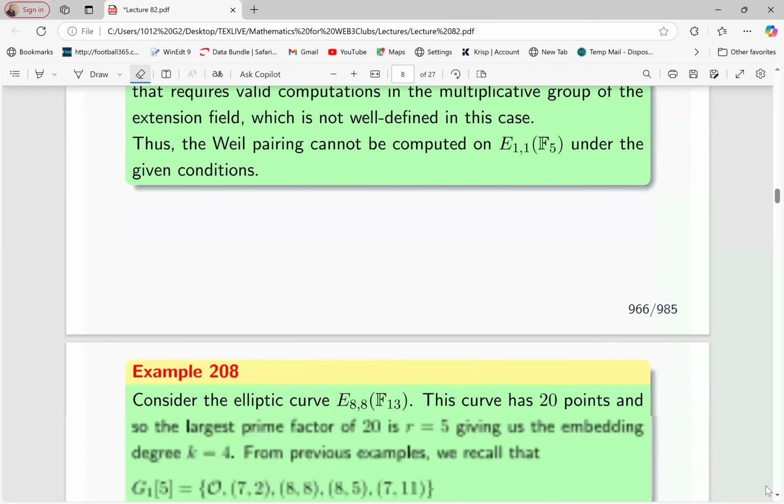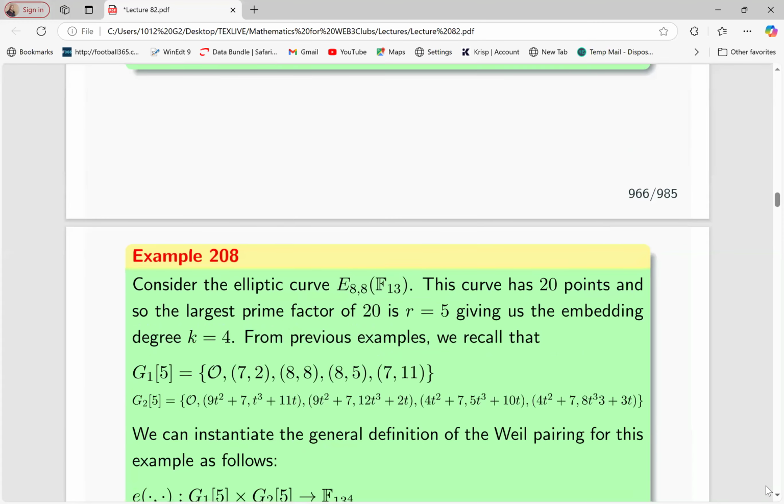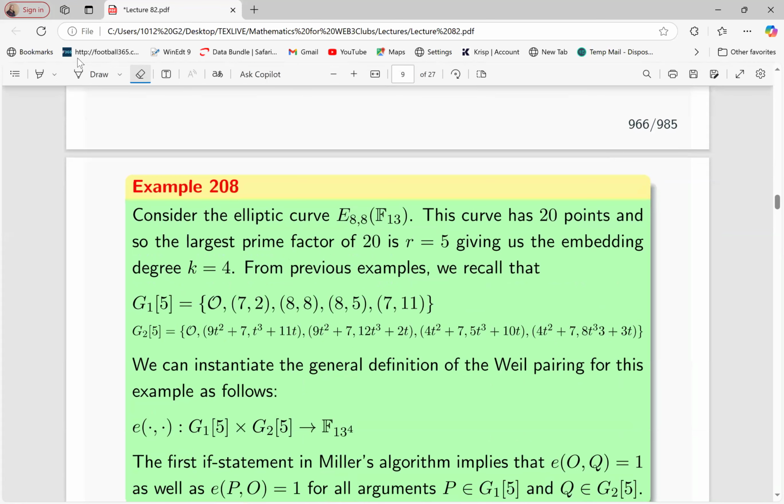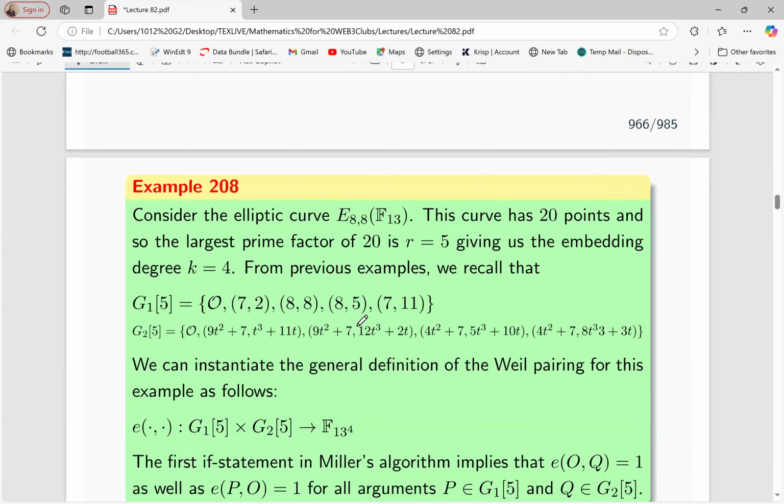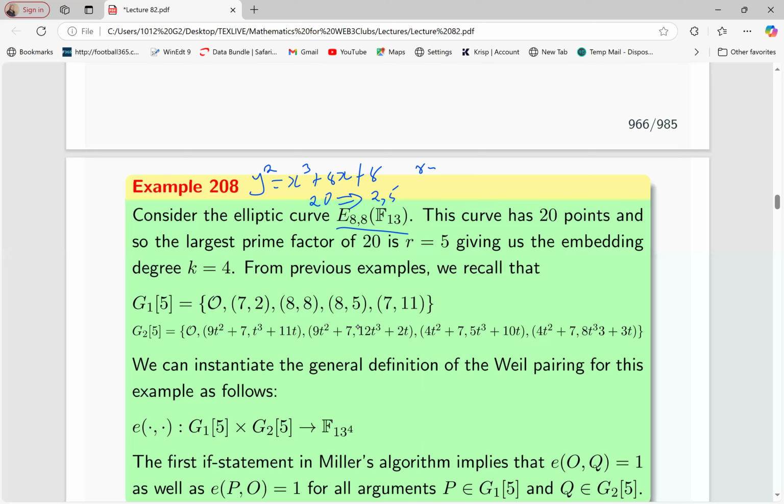We have the other example we've been looking at. We've just been using two examples in most of our work in this topic. So we consider this elliptic curve, where y squared is x cubed plus 8x plus 8. This one we discovered had 20 points, and that the prime divisors of 20 are 2 and 5. Therefore, we are interested in 5. Our prime is 5.